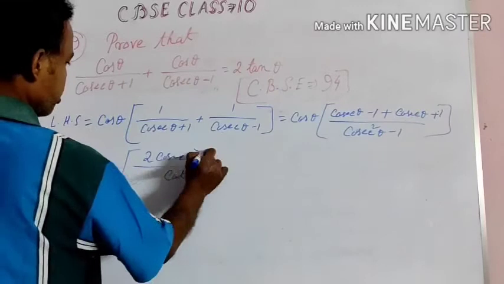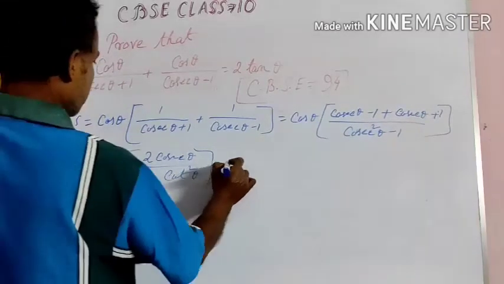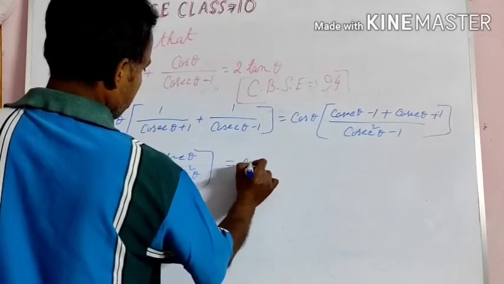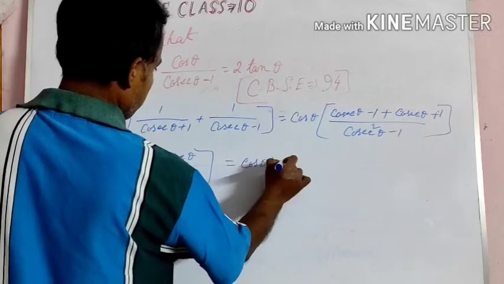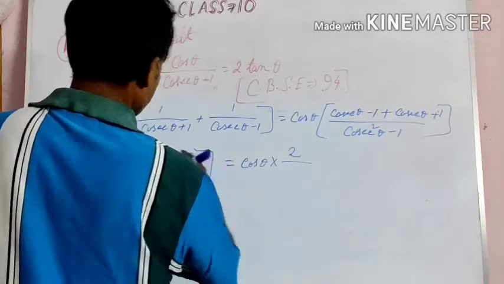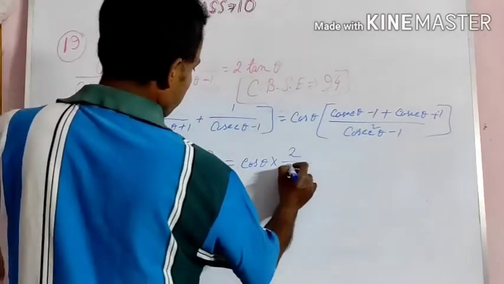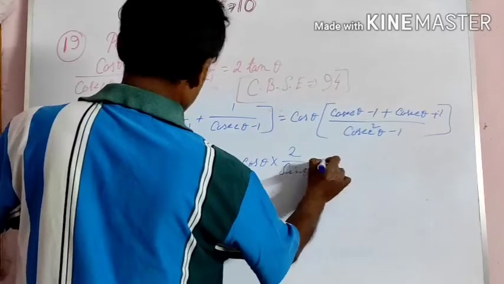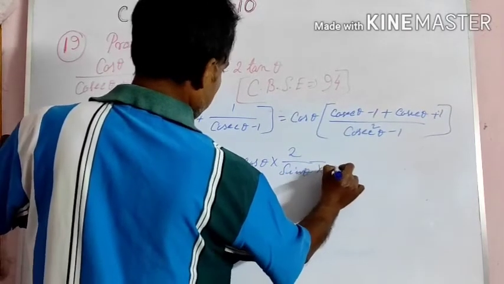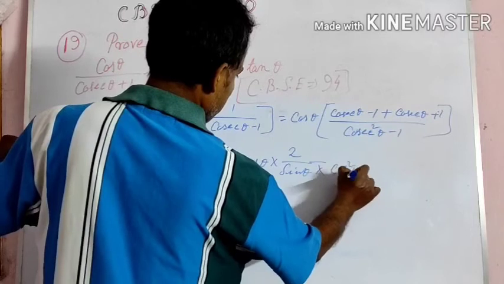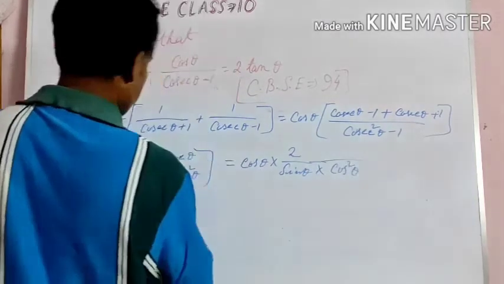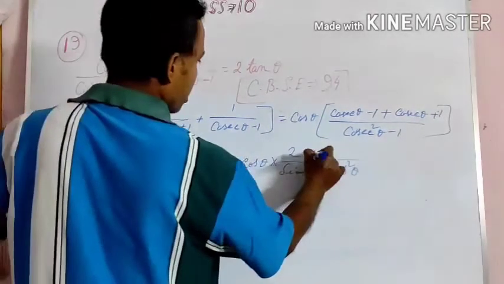Okay. So now cos theta into 2 cosec theta is equal to 1 by sin theta into cot theta. Cot square theta is equal to cos square theta by sin square theta.